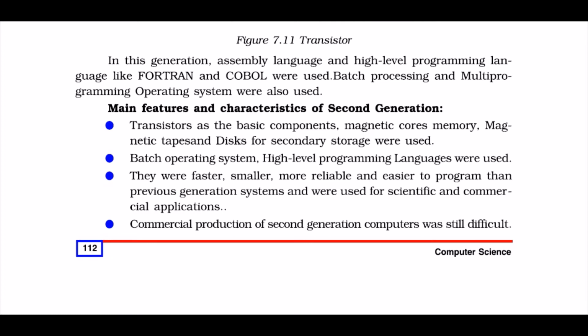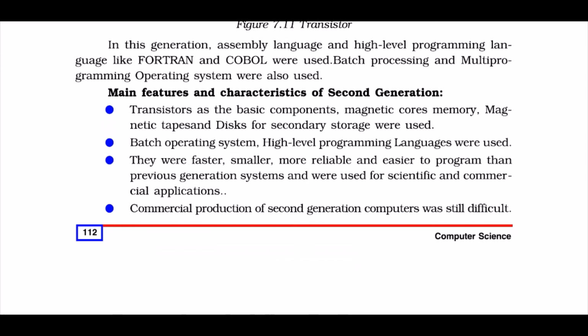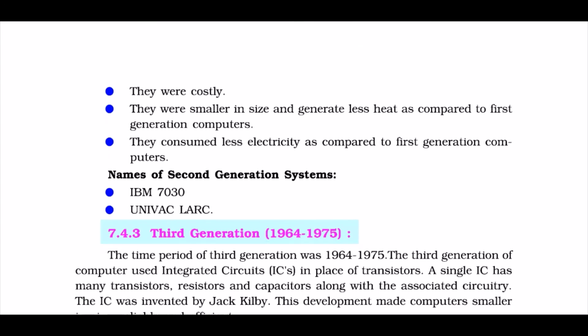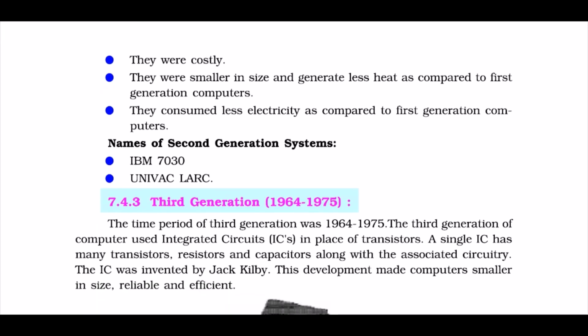These were commercially produced. Commercial production of the second generation was still a bit difficult, but they were used. They were costly. They were smaller in size and generated less heat. They consumed less electricity. The names were IBM 7030, UNIVAC, LARC.